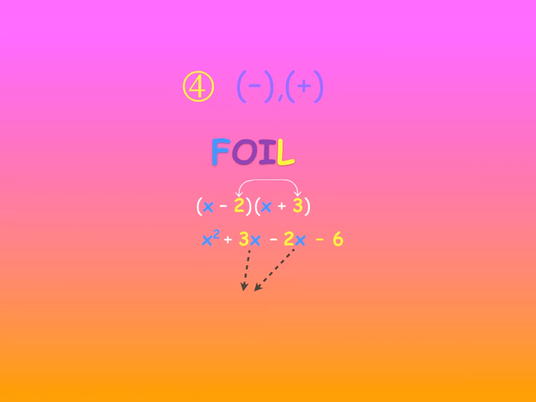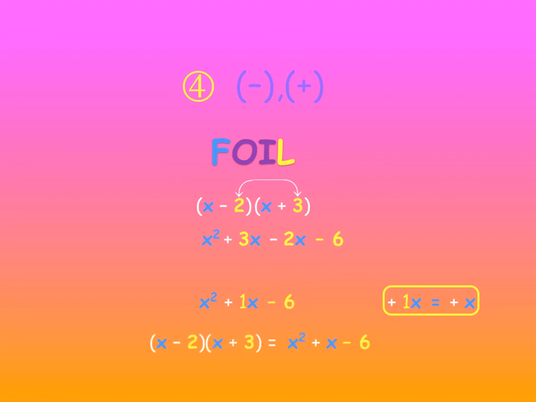Plus 3x minus 2x is plus 1x. But that's the same as just plus x. X minus 2 times x plus 3 equals x squared plus x minus 6.